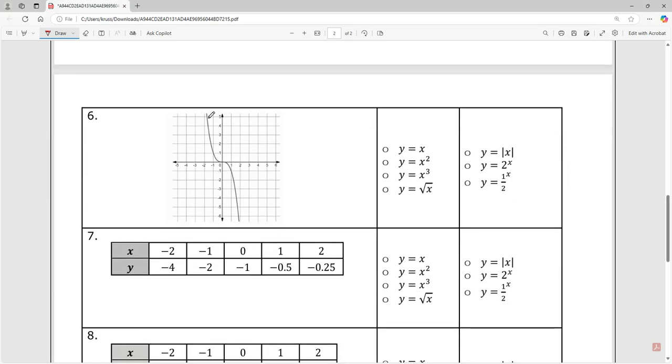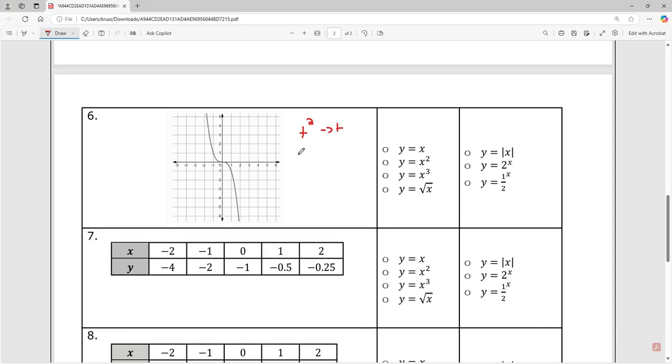Okay, so here's a funny one, right? If I look, I see that it gets really big really fast, right? But it could be like that if it was a quadratic. But the thing about quadratics is when you square a number, if you square a positive, you get a positive.